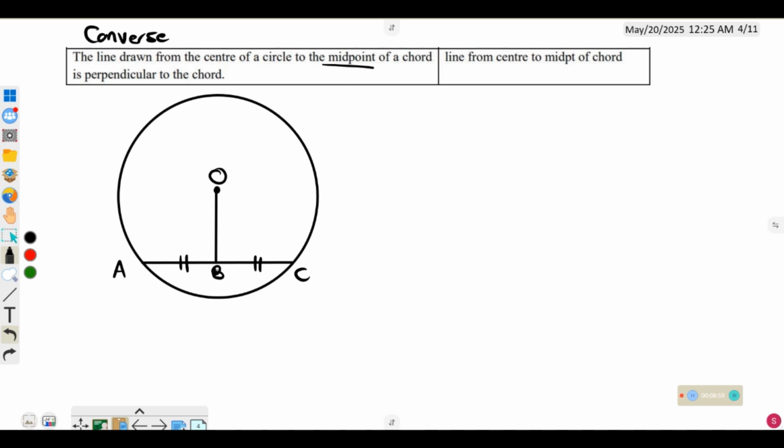So what this theorem allows you to conclude is that whenever the line is drawn from the center to the midpoint of a chord, it implies that this should be perpendicular to that. So OB will be perpendicular to AC. Why? There's the reason. A line from center to midpoint of a chord.